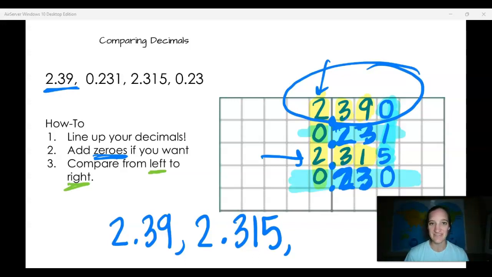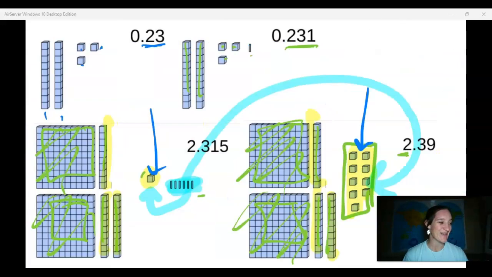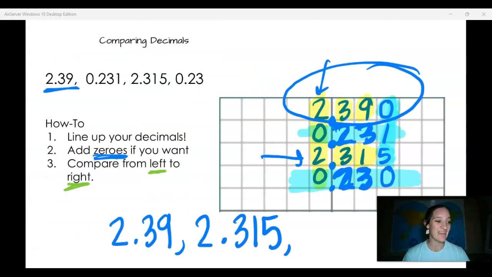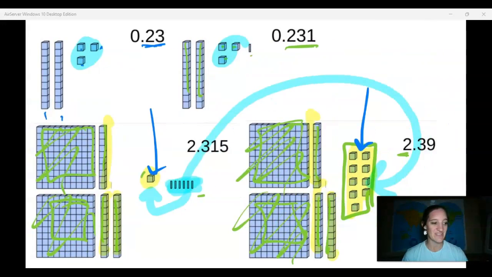Sorry, those are hundredths. They both have 3/100, and we can see that in the picture. There's our 3/100 there and our 3/100 there. But then if we look, this has 1/1000th. This has no thousandth, and you can see that little guy right there.